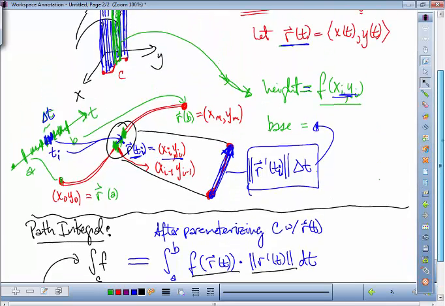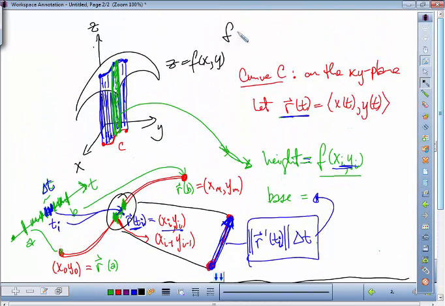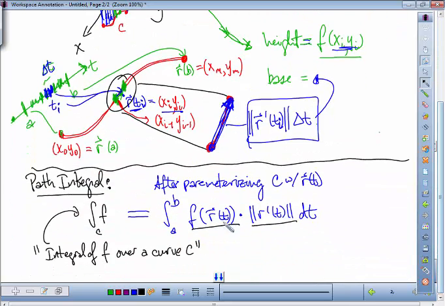And f is a function that takes two variables and the output is a scalar. So this is a scalar, this is a scalar, and so this is a regular multiplication, not a dot product.